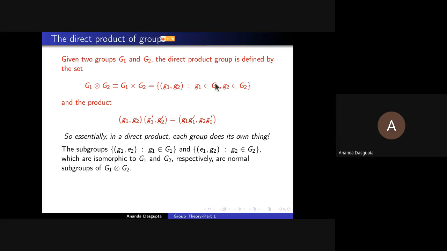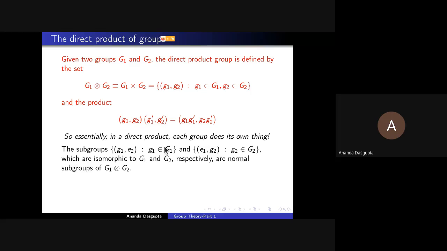Now, there are two subgroups of a direct product group which are very easy. One is to hold g2 fixed at e2. So take g2 to be the identity of the second group always, and let g1 run over the entire group G1. And the other one is to let g1 be e1, fixed, and just let g2 run over the entire group G2. These two subgroups are easy.